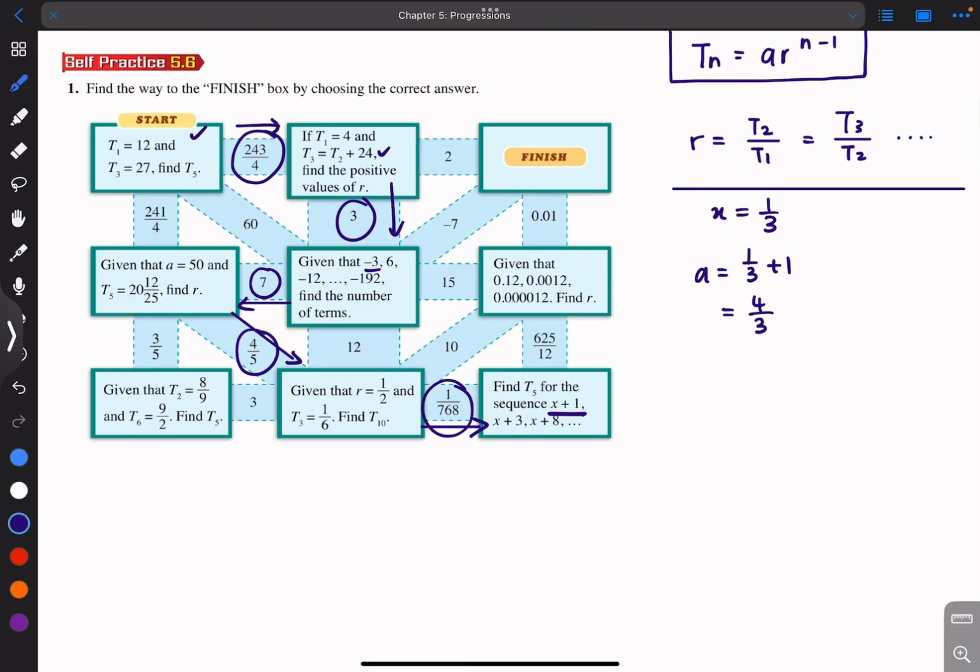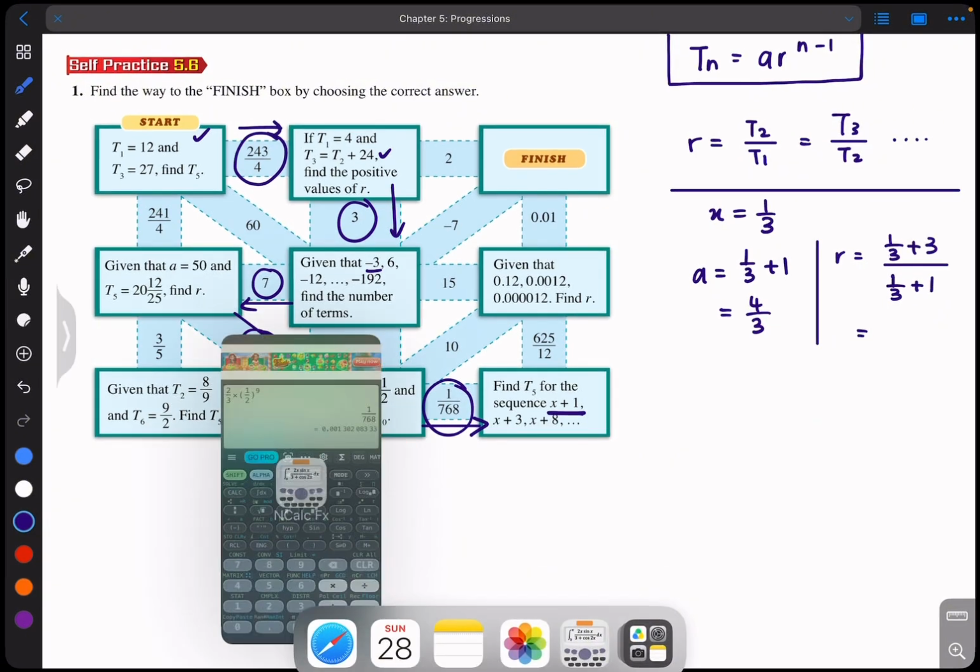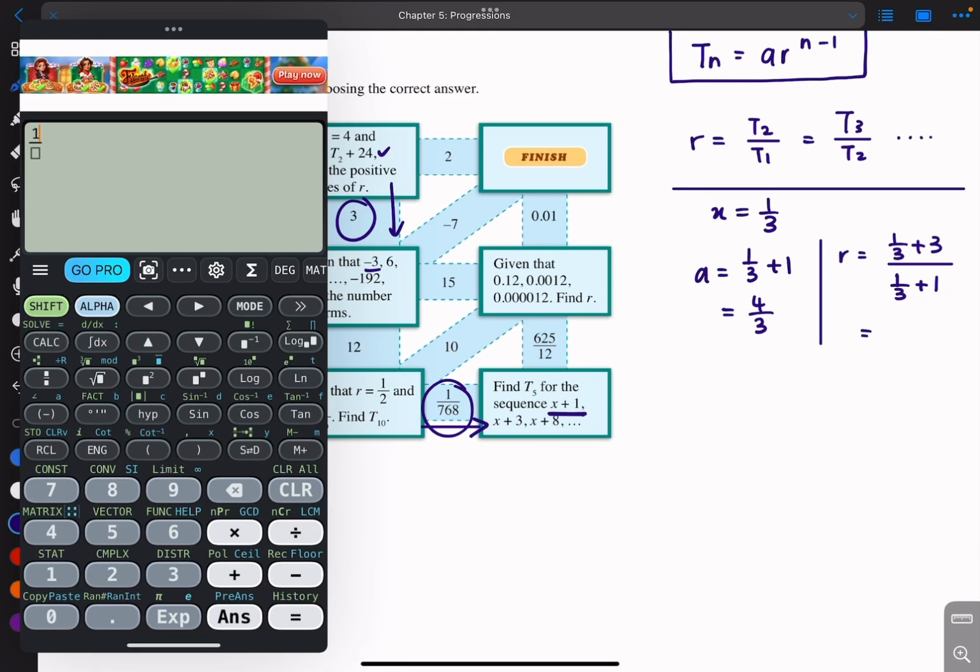This is our A. And then we can find R. R will be T2 divided by T1. So 1 over 3 plus 3, which is our T2, divided by 1 over 3 plus 1, which is our T1. We get 5 over 2.